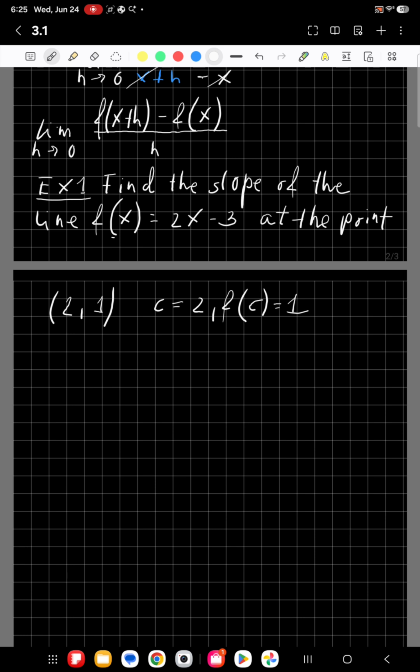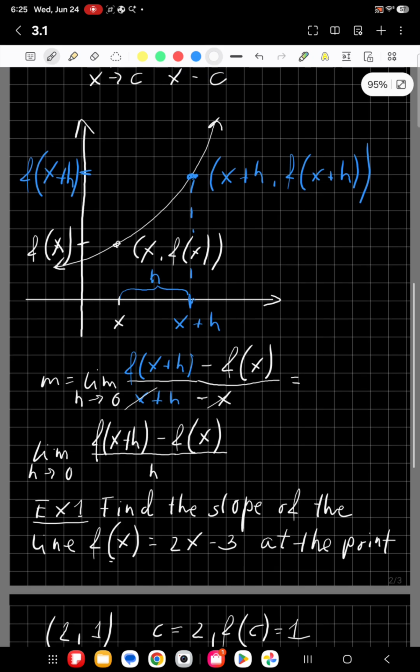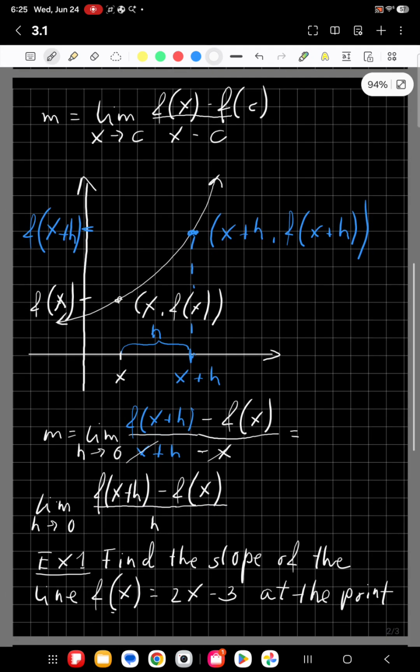All right, so let's plug everything in and see what happens. Okay, so we had, let me write that formula, that definition. So it went something like this: limit, and I'm talking about this one.